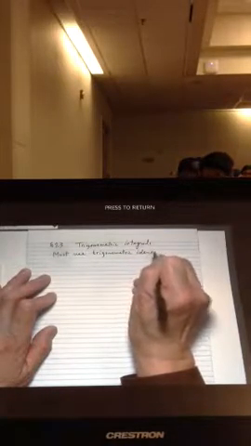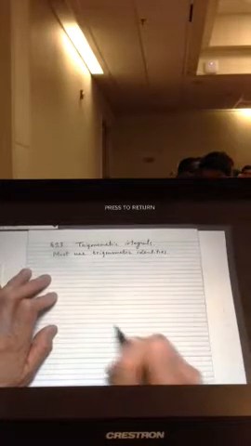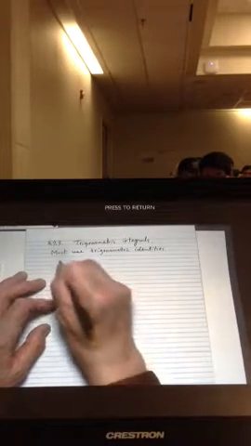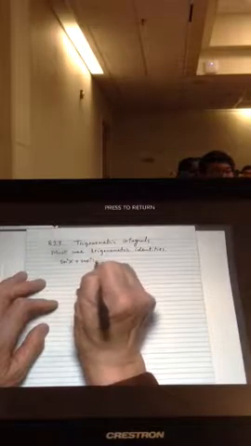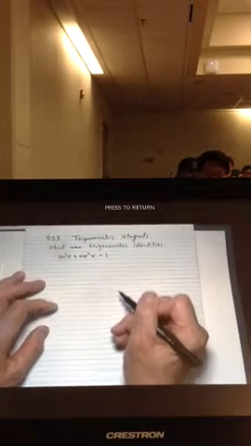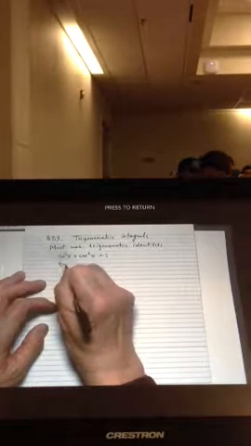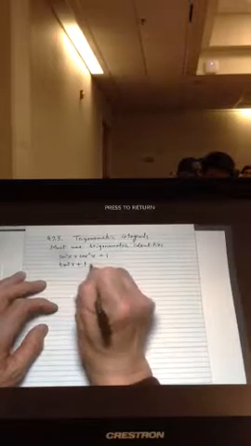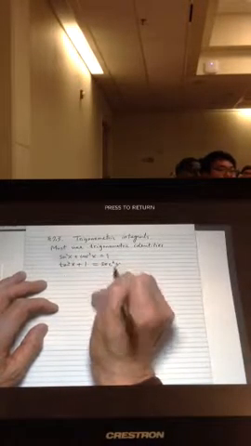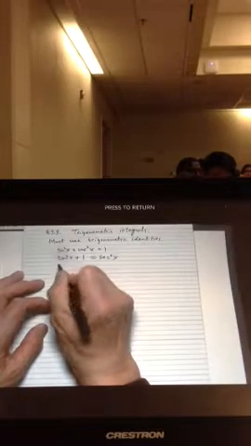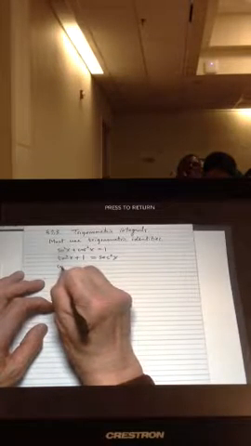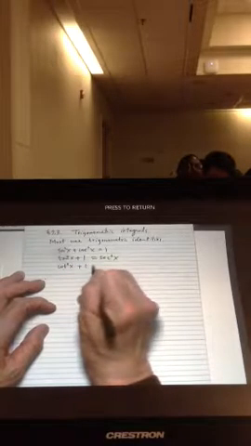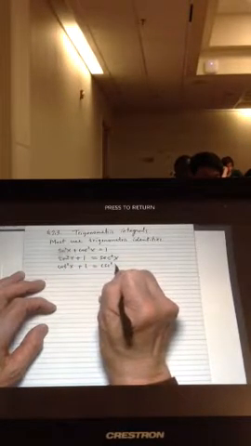Okay, so what are they? We have sine square plus cosine square is 1. We have tangent square plus 1 is secant square. We have cotangent square plus 1 is cosecant square.